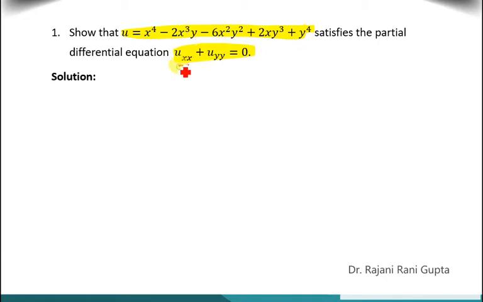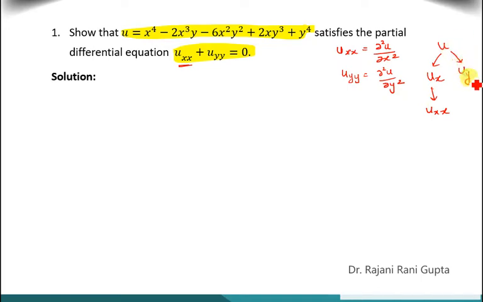So what does this actually mean? uxx means the second partial derivative of u with respect to x, and uyy means the second partial derivative of u with respect to y. To get the second partial derivative, we have u, so first we should get ux, the first partial derivative, and then the second partial derivative with respect to x.